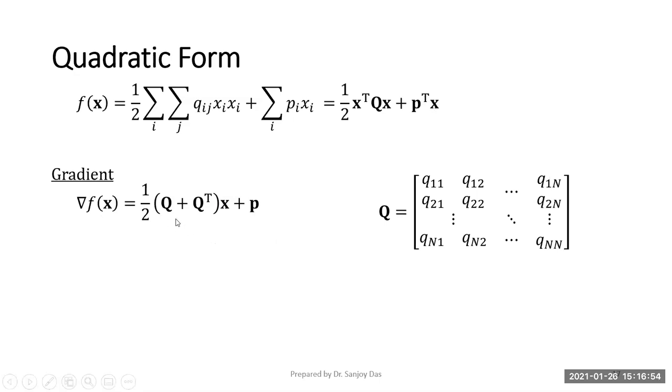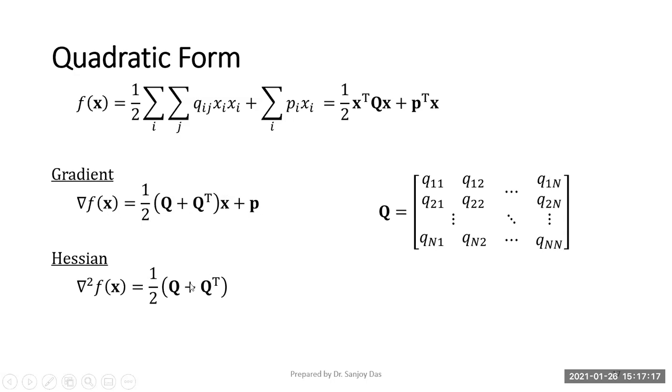Specifically, what happens when Q is a symmetric matrix? For a symmetric matrix, Q transpose equals Q, right? So Q plus Q transpose becomes equal to 2Q. And so this term is simply equal to Qx, if Q is a symmetric matrix.